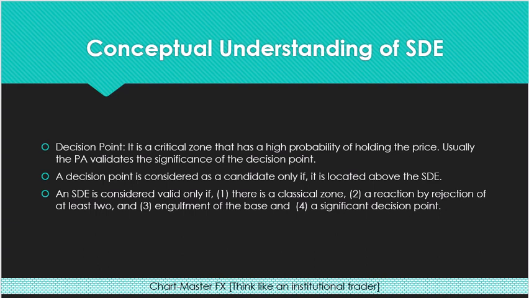So an SDE is considered valid only if there is a classical zone, a reaction by rejection of at least 2, an engulfment of the base, and a significant decision point. So guys, this is what you need to look for in order to qualify that this setup is a significant demand engulfment setup.